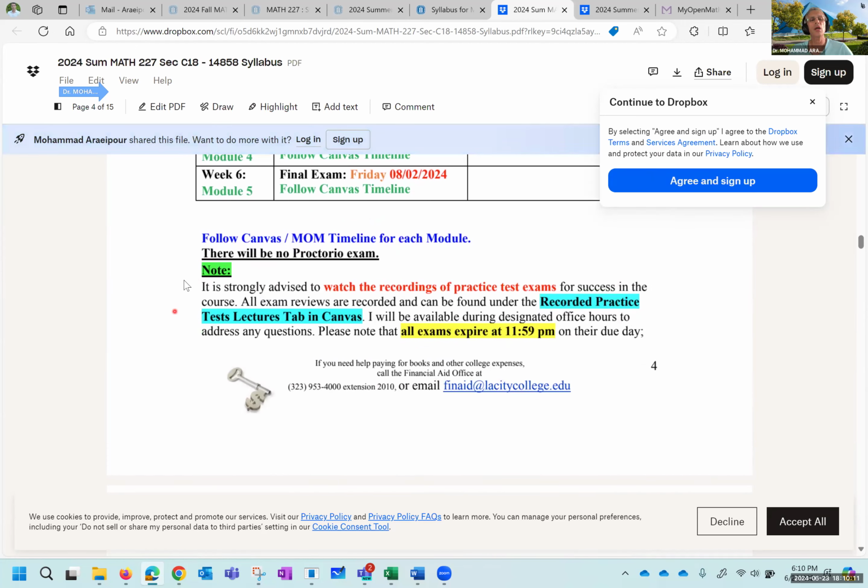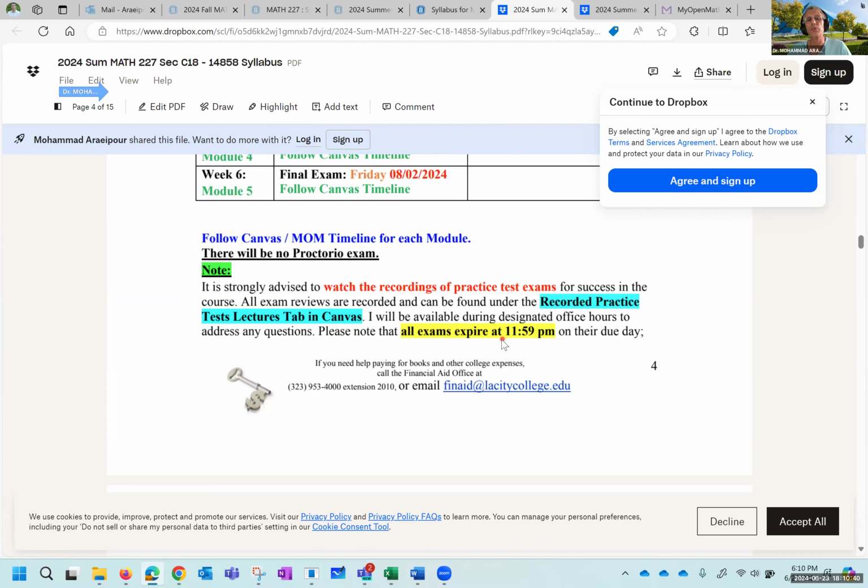Now, one thing I want to explain about the exams, there is no Proctorio exam, okay? And the due date, you will receive an email or announcement regarding the exam, which includes the information as well as the passcode. You can take the exam anytime you want before the due dates.